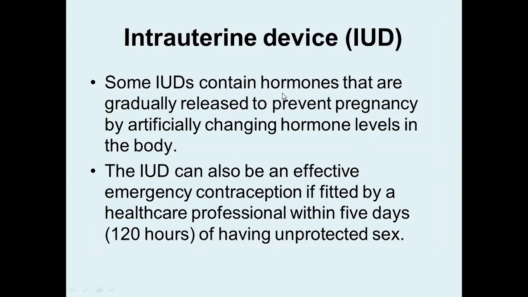Okay. So some IUDs contain hormones, and these are generally speaking the more modern ones that were developed in the last 10 or so years, maybe a little bit longer. And these hormones are gradually released, and they prevent pregnancy by artificially changing hormone levels in the body, as does the pill. The IUD can also be used as an effective emergency contraception if fitted by a healthcare professional within 5 days of having unprotected sexual intercourse.